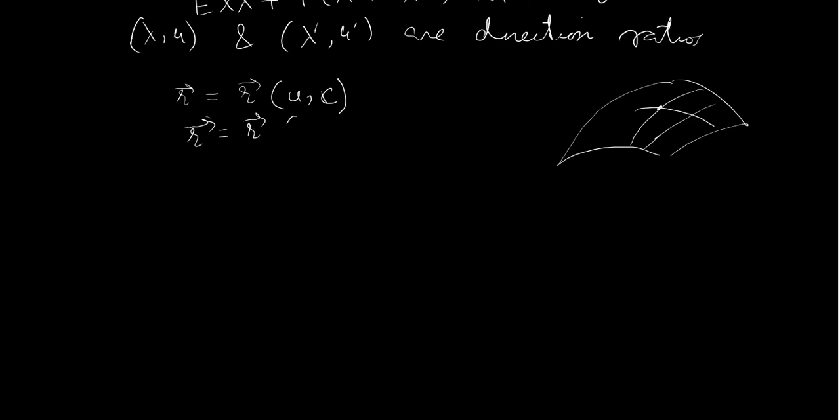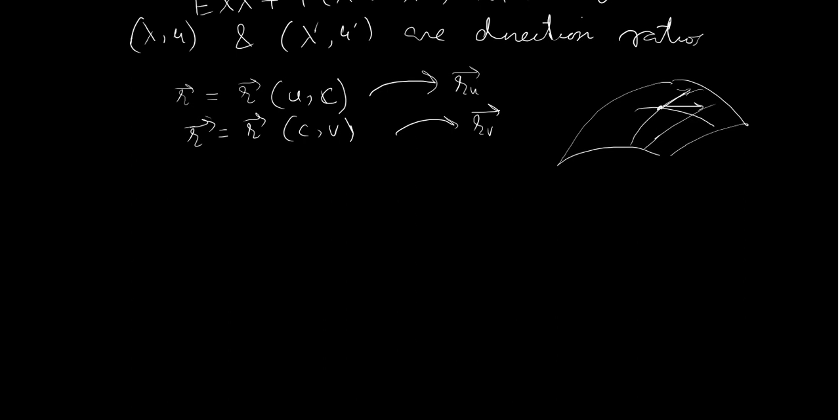Now these are two parametric curves, and their directions are given by their tangent vectors, r sub u and r sub v. Of course, the direction of a curve at a point is given by its tangent.